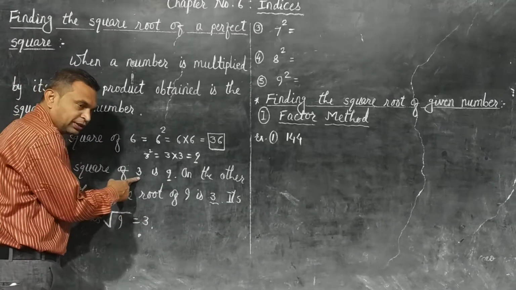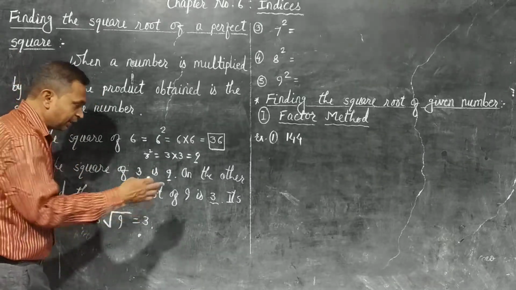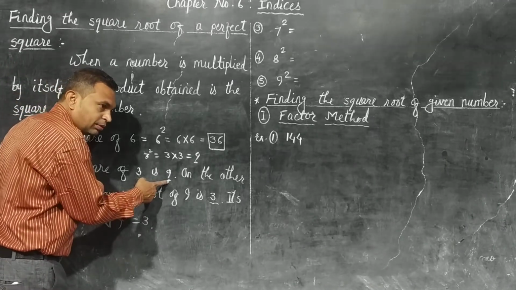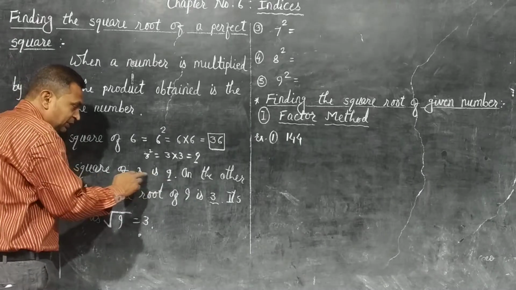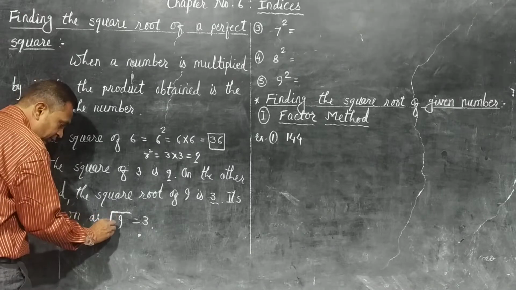And when we multiply 3 into 3, we get 9, the bigger number, and that is the square. And the square root of 9, we get the smaller number, means 3. And the square root sign is like this.